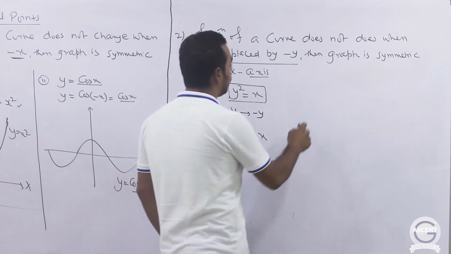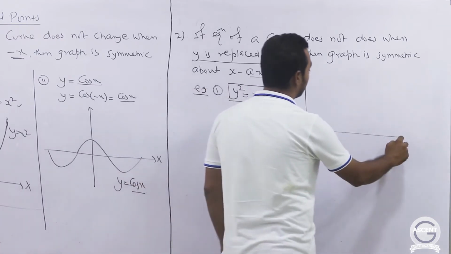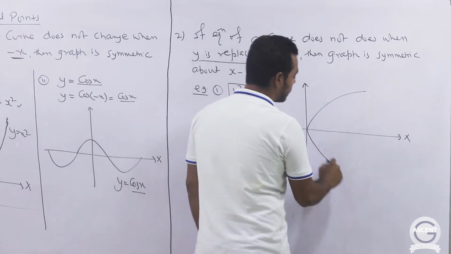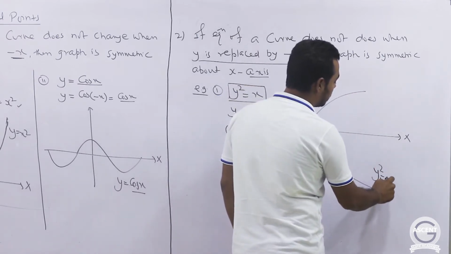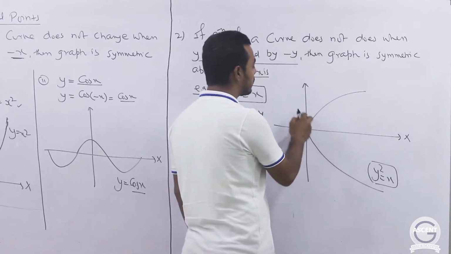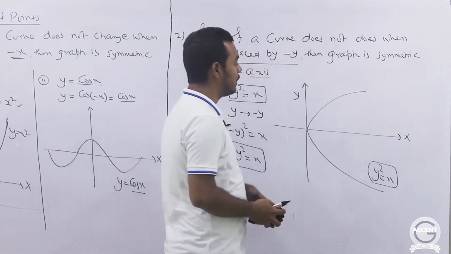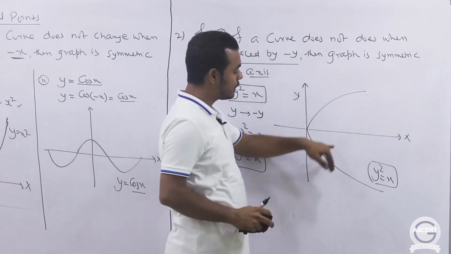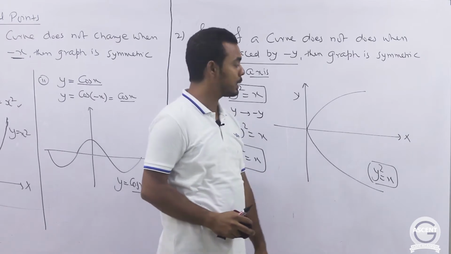We all know that this is nothing but the graph of our right-handed parabola. This will be your graph of function y square equals x. Now if you see carefully, this graph is symmetric about this x-axis. If we take the image of the portion of the graph which is above x-axis, then we'll get the portion of the graph which is below x-axis.